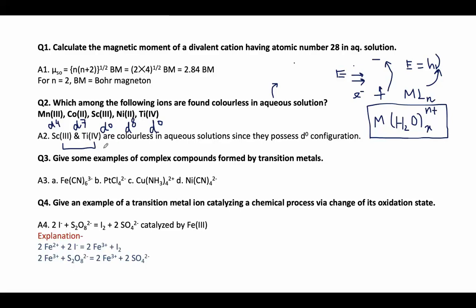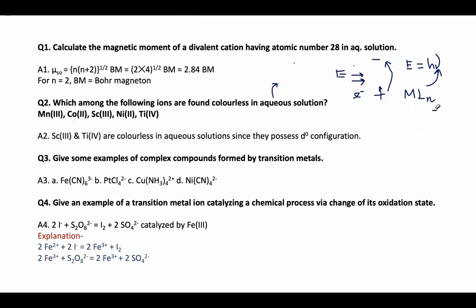That's why these two ions are found as colorless, because the electrons are responsible for the color, and since they have this d0 configuration, they have no electrons. That's why they are colorless in aqueous solution.